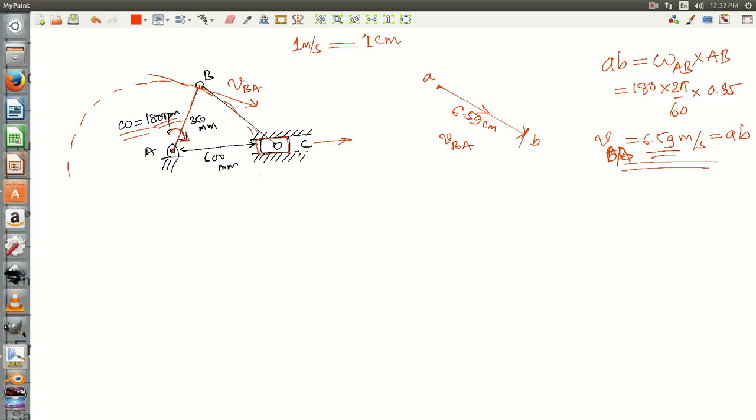Now, there is one more link, BC. For the link BC, we do not know the angular velocity, hence we cannot exactly pinpoint the length BC. What we know for this link is that the velocity of point C with respect to B will always be perpendicular to the link BC.